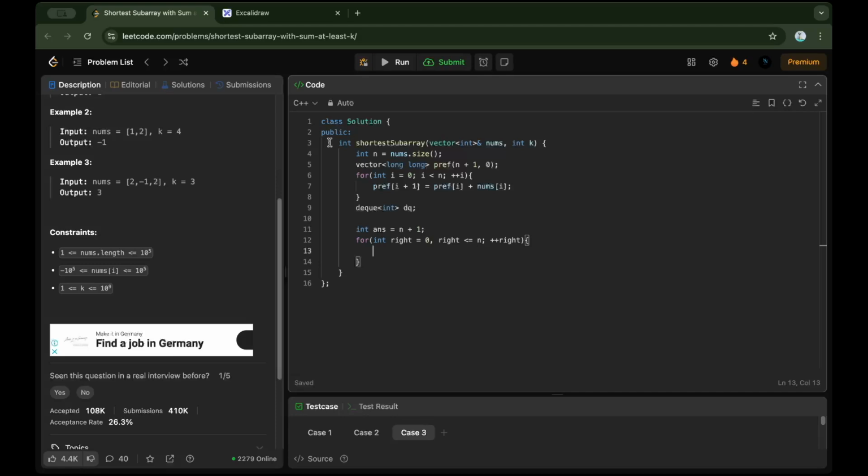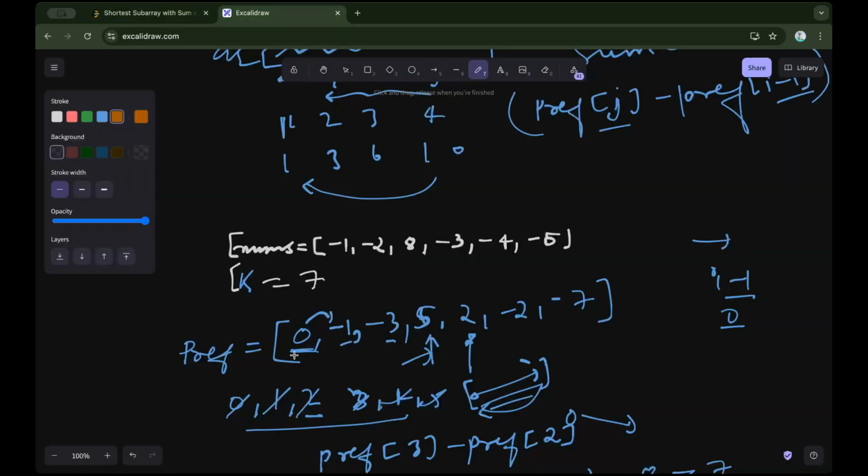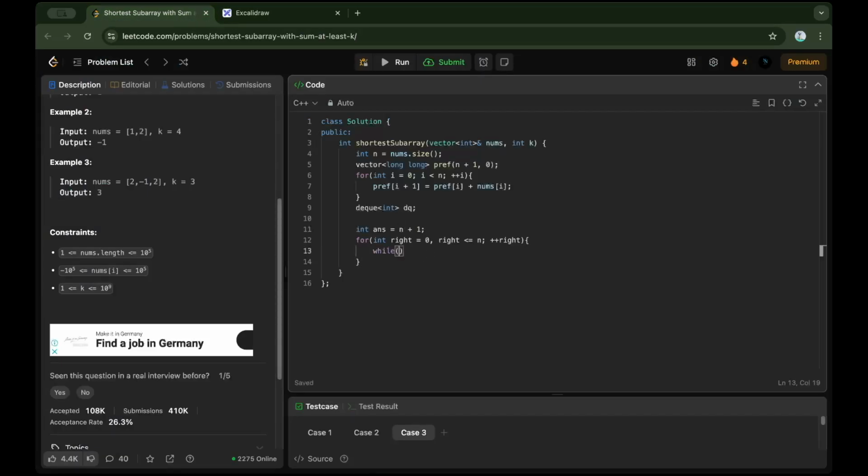Now, what I have to do first is check whether it is increasing or not. So I'll check while the deque is not empty and prefix of right is less than or equal to prefix of the back, then we will pop this out.